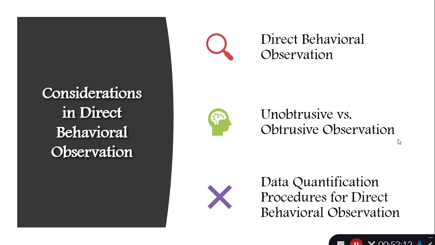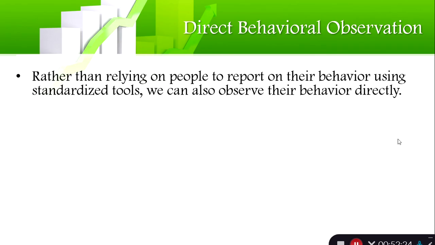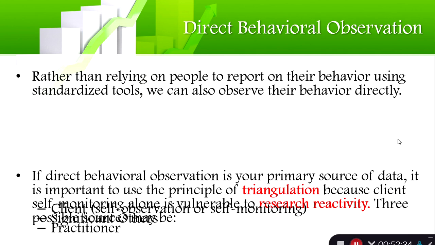But there are a couple of things that we want to take into consideration about direct behavioral observation that I want to discuss here as well. As I mentioned, rather than relying on people to report on their behaviors using standardized tools or some other kind of tool, we can also observe their behavior directly.